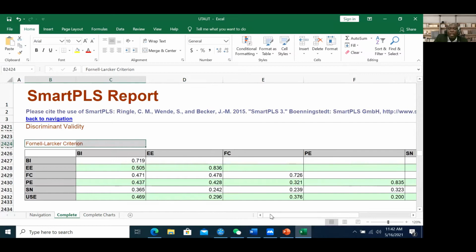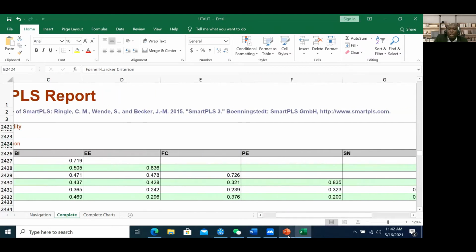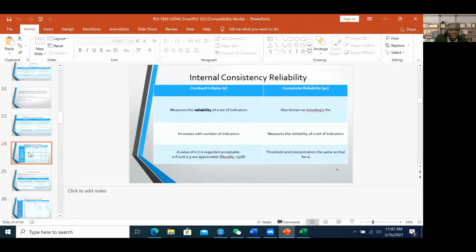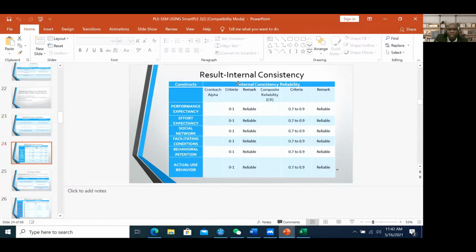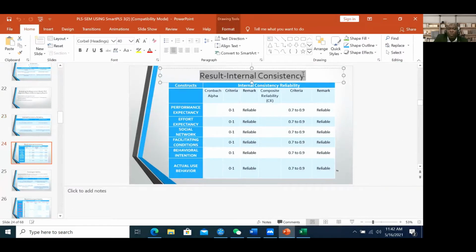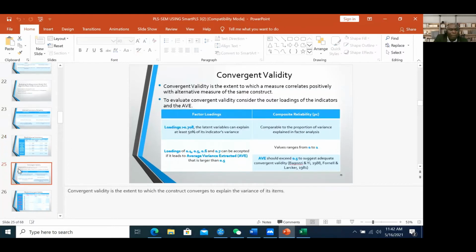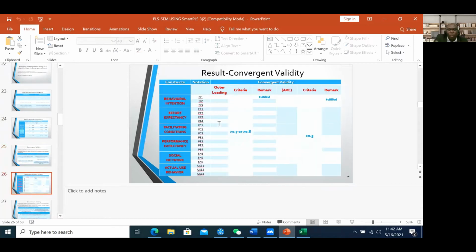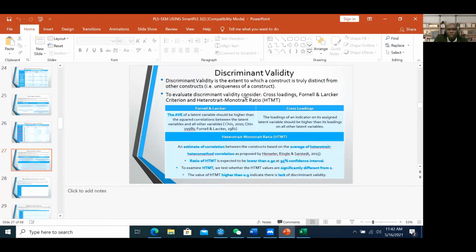If you were here last week, we looked at what it says. Okay. So this is the table for the internal consistency reliability, how you report it. Right? We have the Cronbach's alpha, composite reliability, and the remark.